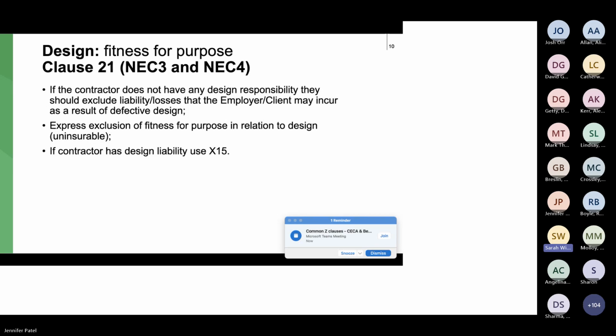It's got to perform to specifications. So just look out for things like that, because you don't want to risk sacrificing your X15 because you've got a higher standard somewhere else. Next slide, please.